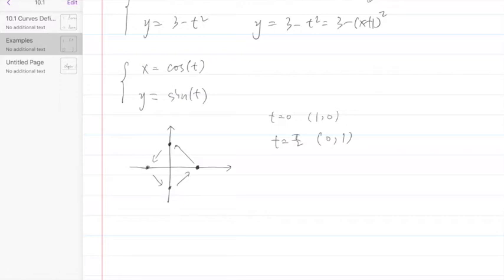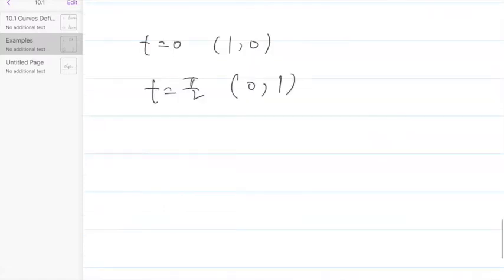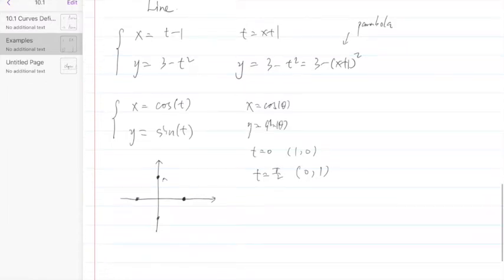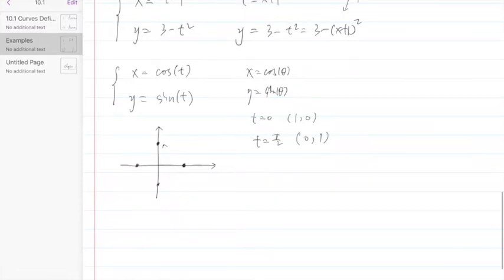Now, does it look familiar? If you think about it, this is actually the definition. If I simply change your t to another letter, that is x equals cosine theta and y equals sine theta, this is exactly the definition of cosine theta and sine theta, right? So what you have, technically, is just the unit circle.